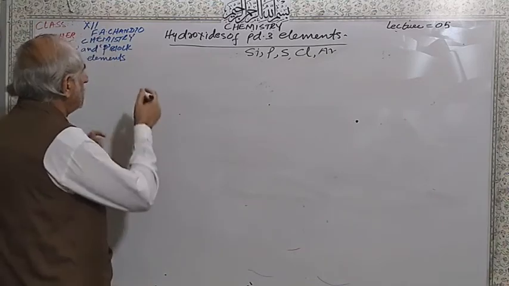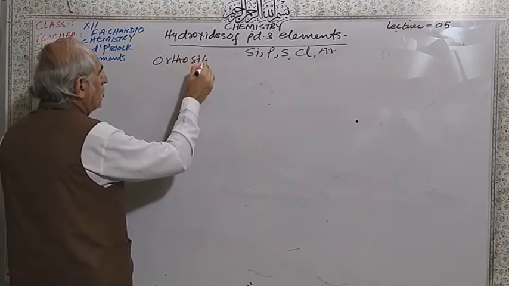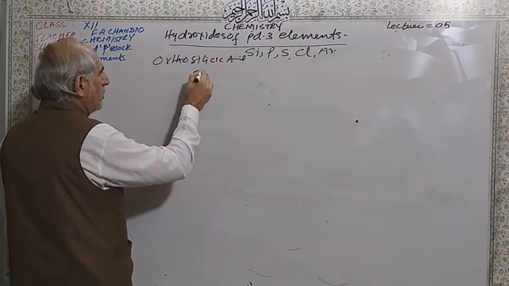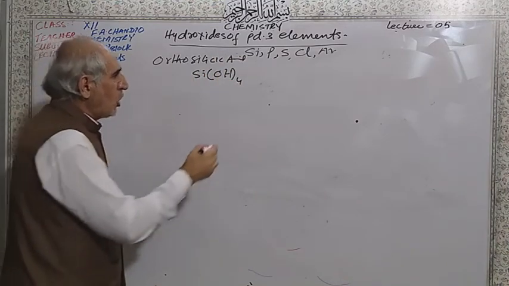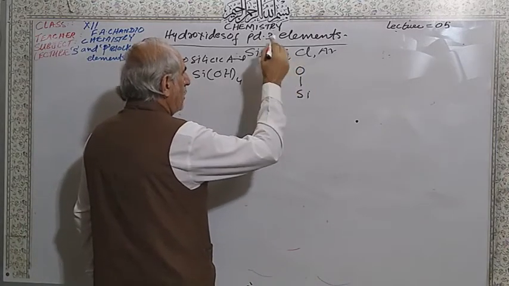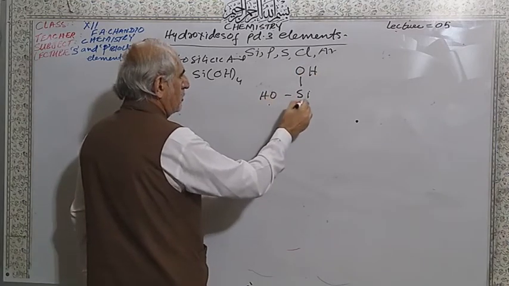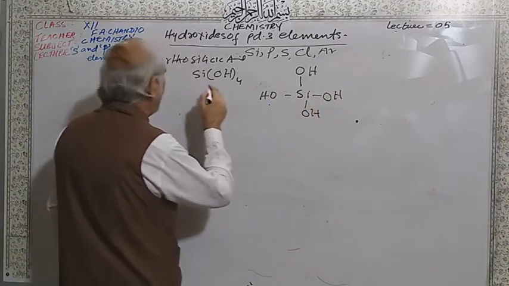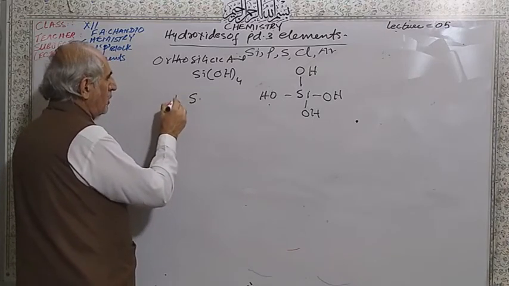So that is why their bonding is covalent. Written in your book, hydroxides of silicon, phosphorus, sulfur have a covalent nature. These compounds are acidic in nature, going from weak acid to strong acid towards chlorine. So their structures are covalent and the structures are given here.